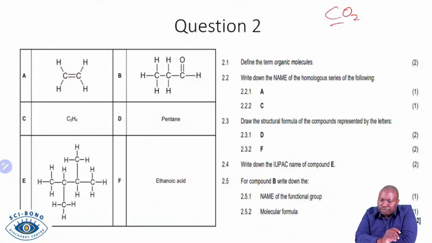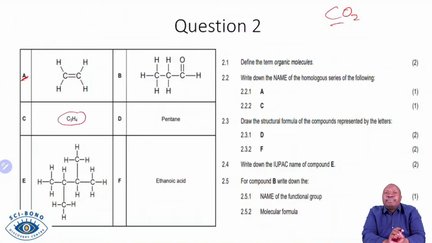Now we are saying write down the name of the homologous series of the following. So remember that activity we're doing, you're checking all of them, what is the homologous series. So it becomes easier now to come and look at number A, as we've been doing. We said it's an alkene because of the double bond. So you're able to say A is an alkene. You go to 2.2.2, you look at C. It's not easy for you to determine the homologous series if you don't draw the structural formula first.